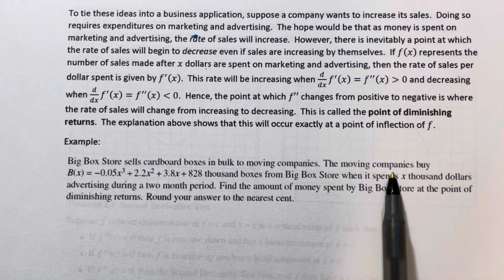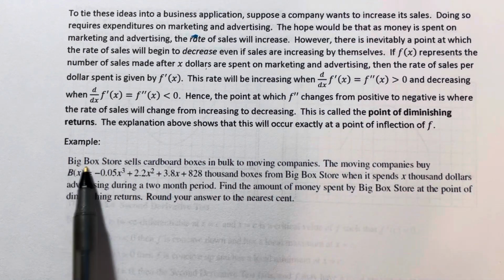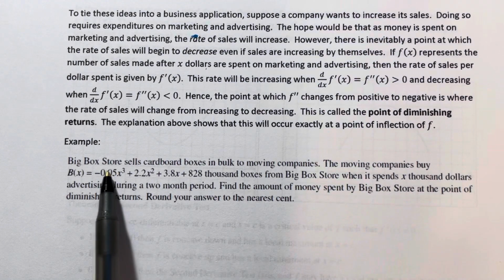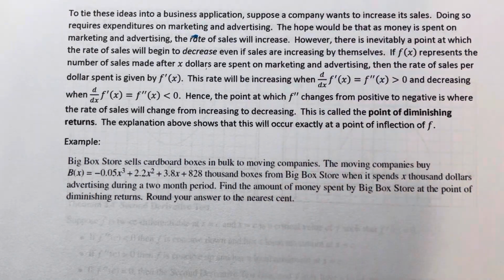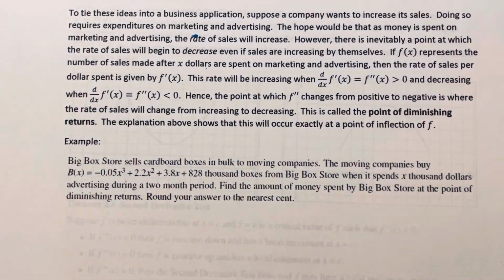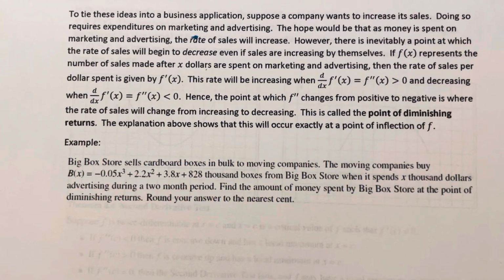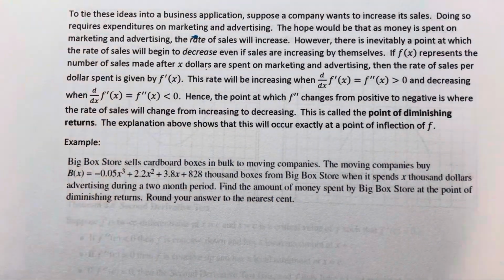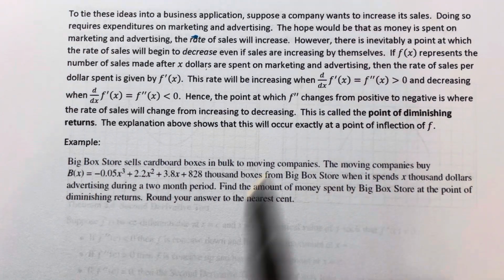So notice the moving companies are buying from the big box store, which means these actually amount to sales for this company. Okay, so our function is a sales function, and the dollar amount, or the x in there, represents the dollar amount spent on things like our advertising. So this is the type of function that we talked about up here.